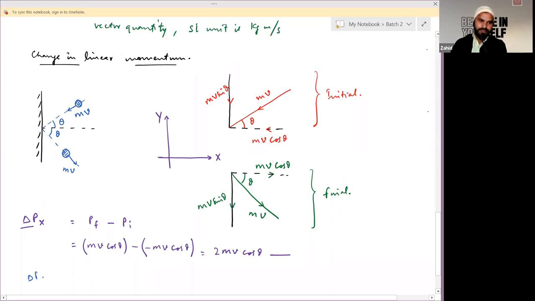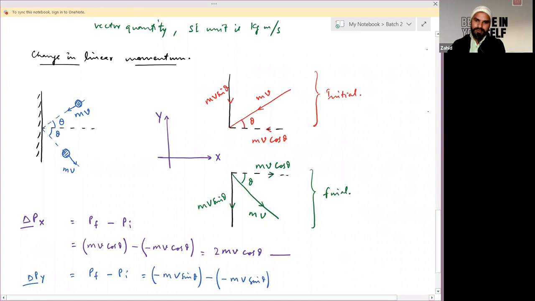Similarly, if you find change in linear momentum along y-axis, P final minus P initial, as final momentum along y-axis is mv sin theta, which is in negative direction of y-axis, so it will be minus of mv sin theta, minus an initial mv sin theta, which is also in negative direction of y-axis, so it will be minus of mv sin theta.